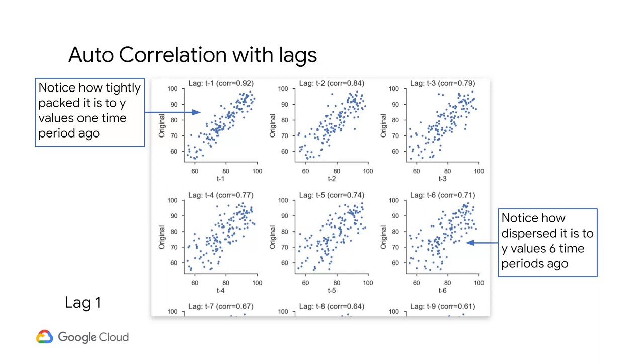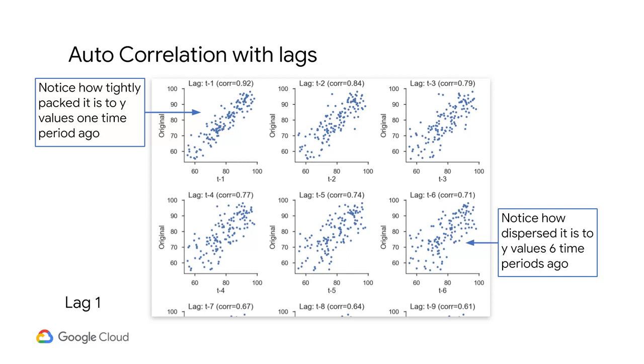This tight correlation starts to slowly disperse as we move along the right and down to the lower bottom. In the final chart at the bottom right, we see that there is a lot of dispersion. This means that the first chart shows a high correlation of y to y values one period prior, and that later periods don't have such a high correlation. This means that this time series was generated by an autoregressive process of lag 1. Wow, that wasn't so hard, was it?